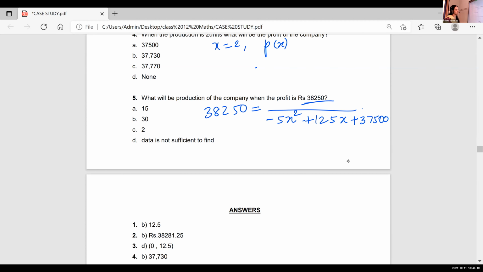Let's simplify this and find out. Okay, you'll be getting a quadratic equation. Solve this quadratic equation and find out what is the value of x.